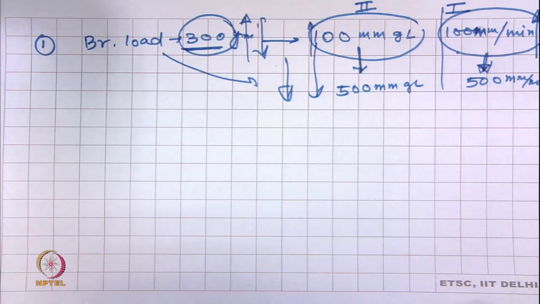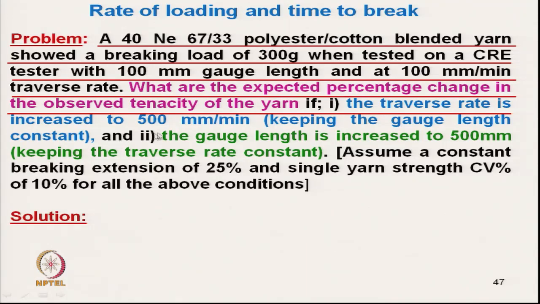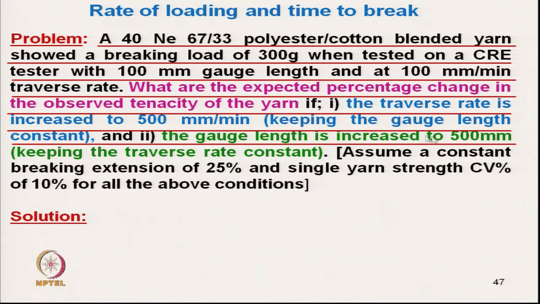So, situation one is that the traverse rate is increased from 100 to 500 millimeter per minute, keeping the gauge length constant, and in the next case the gauge length is increased to 500 millimeter, keeping the traverse rate constant.